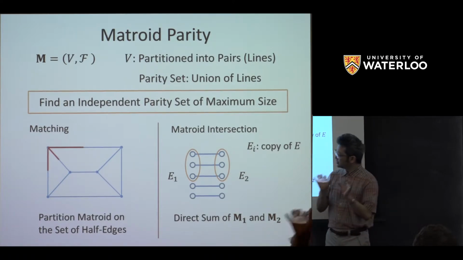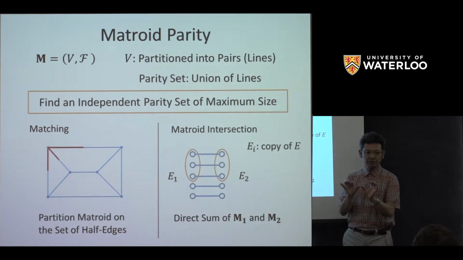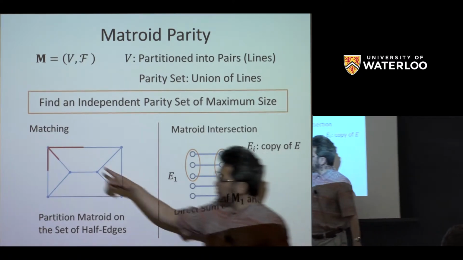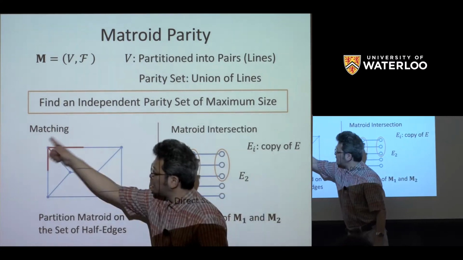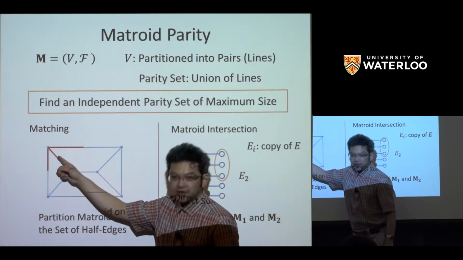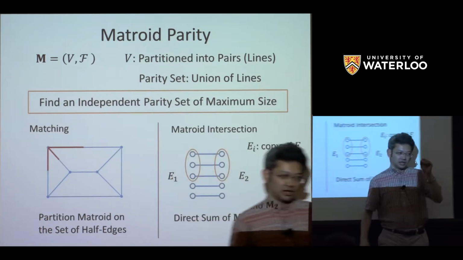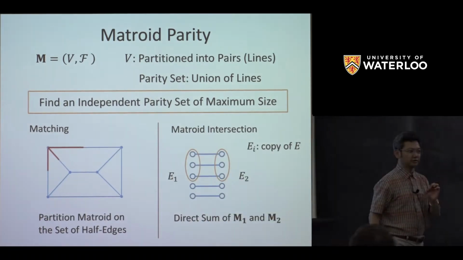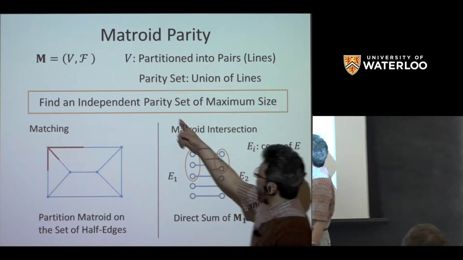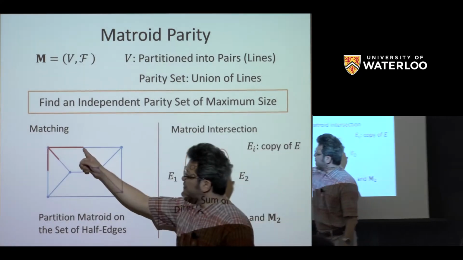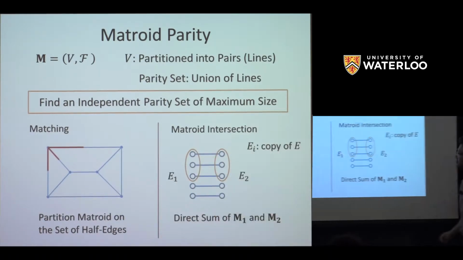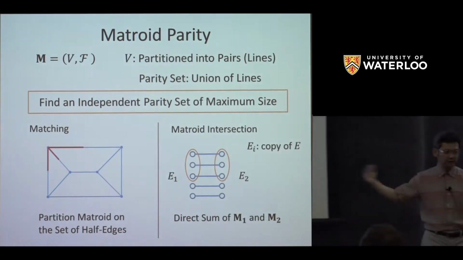And we consider the partition matroid on the set of half edges, so that an independent set must contain at most one half edge incident to each vertex. Okay. Now, in order to get a parity set, if you choose this one, then you have to choose that one. So this way, the independent parity set corresponds to a matching in this framework.